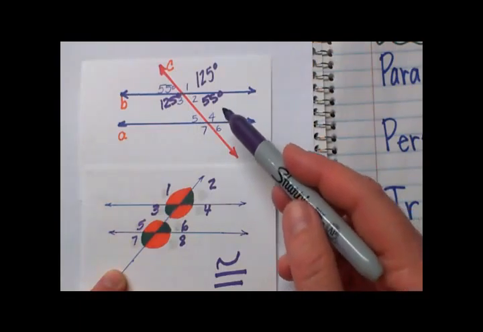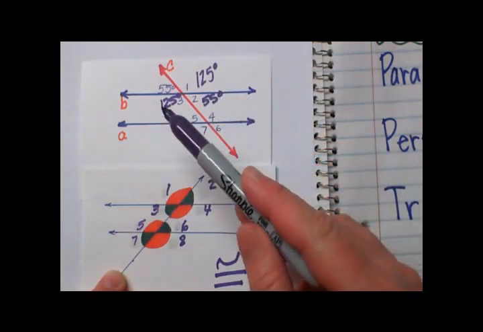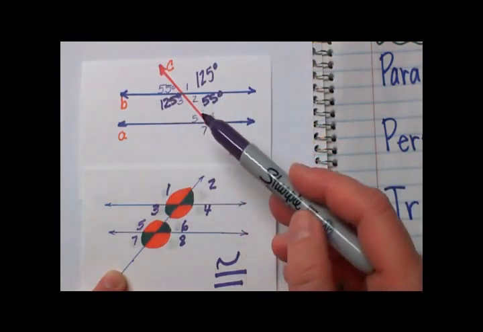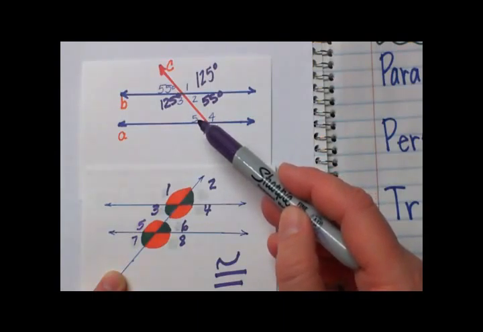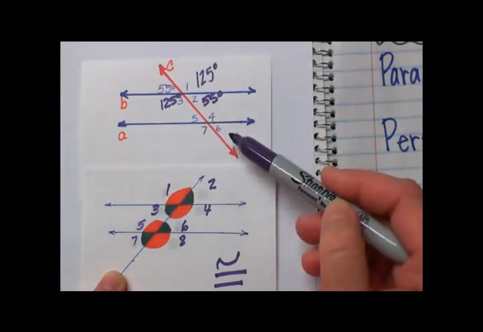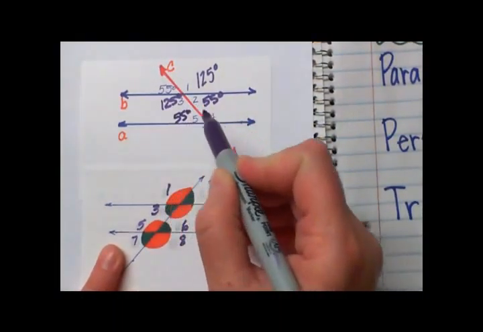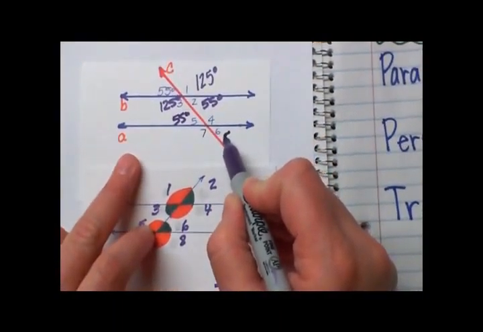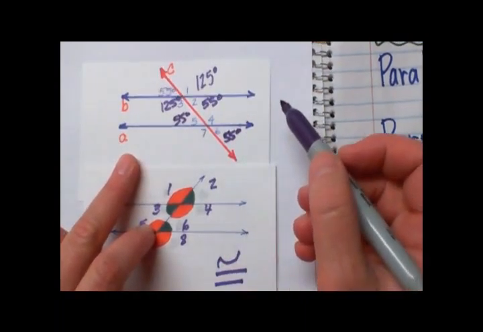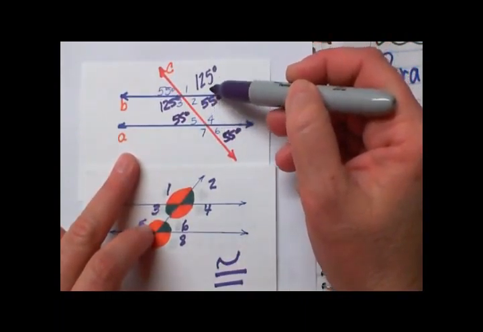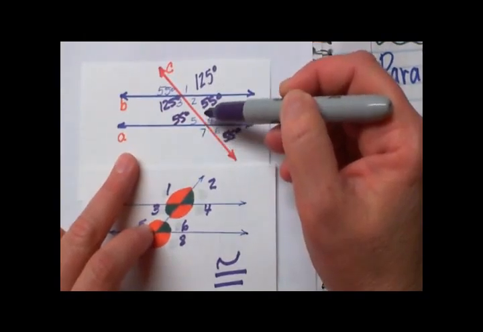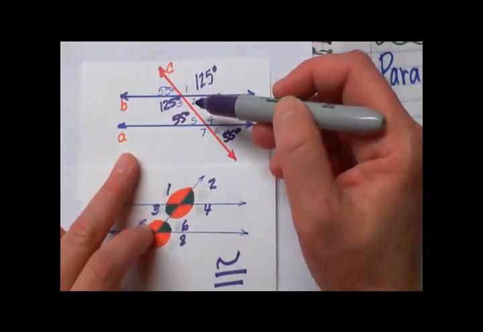So to keep going on this, I can see that 55 degrees is congruent to angle 5, which is also going to be congruent to angle 6. So I can write 55 in here and 55 here. Angle 4 and angle 7 are both congruent to angles 1 and 3.